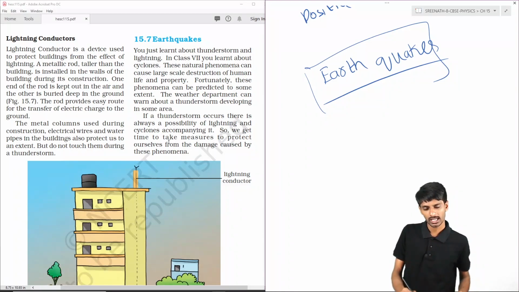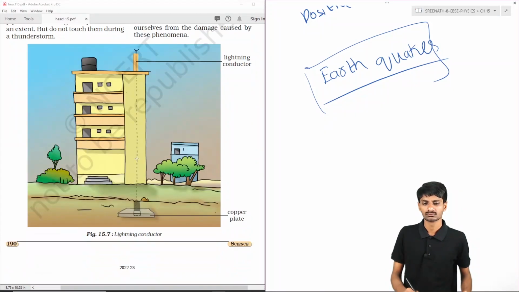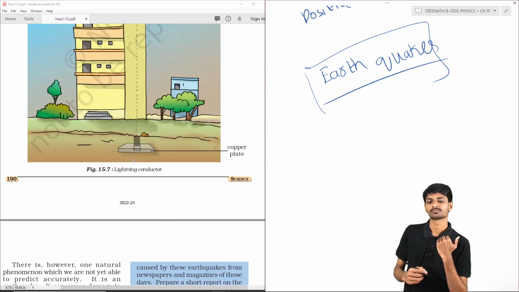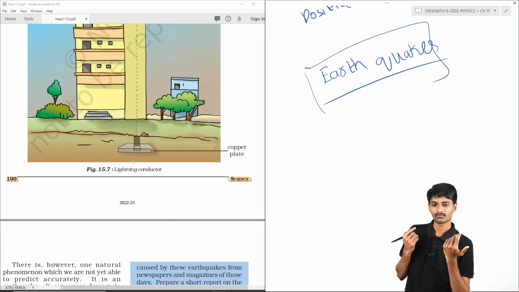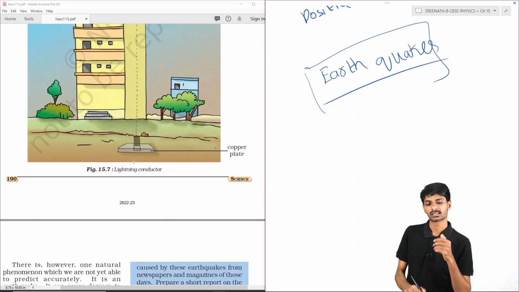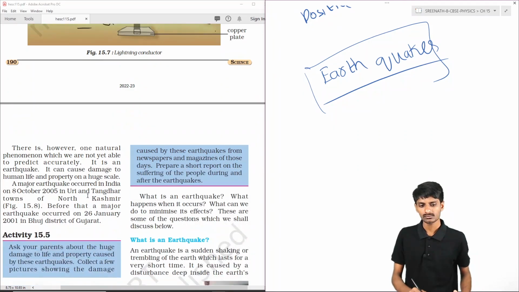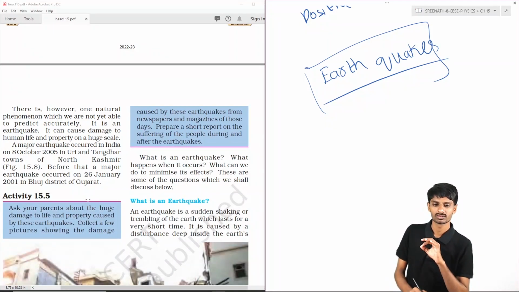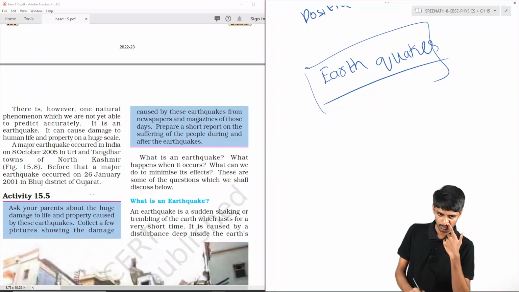All these things are possible in the case of lightning, thunderstorms or cyclones. Weather reports, scientists also can predict. But in the case of an earthquake, no one can predict. Okay, students.